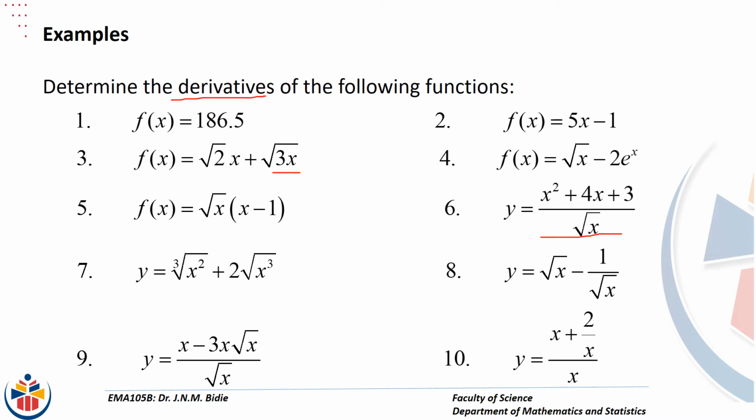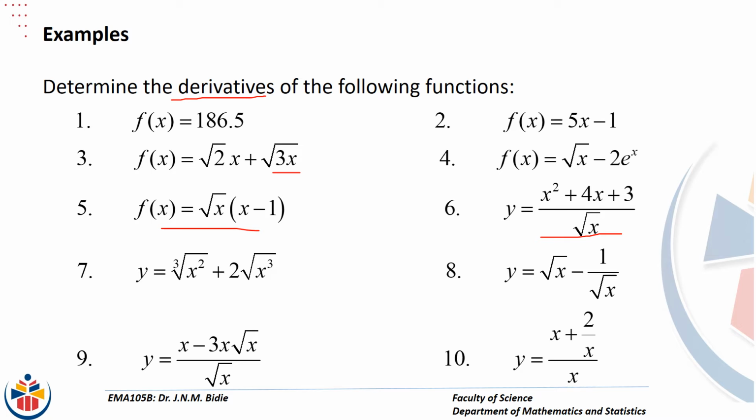And then you get your answer, a simplified version of y, and then find the derivative. Same with number 5, where you take the square root of x as x to the power half, you multiply inside the bracket each term to simplify your f of x, and then thereafter find f prime of x. You do the same even with number 9 as well as number 10.